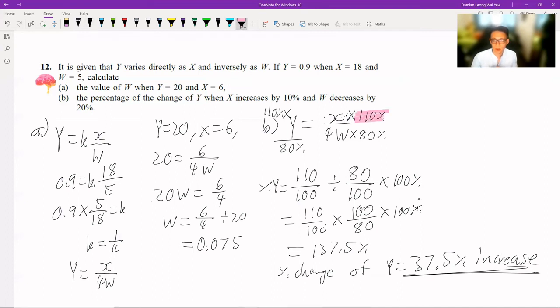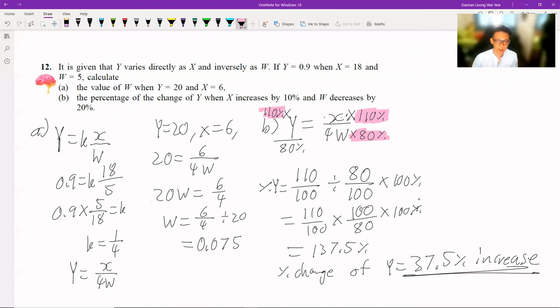And it varies directly, means how it differs should change the same way. This one, the W, I have to times 80% because decrease by 20% means 100% minus 20% becomes 80%. But this one times means the other side I have to divide because it's the opposite.